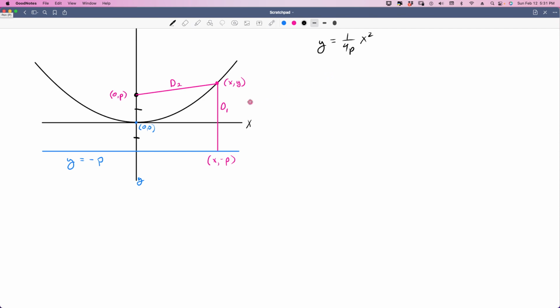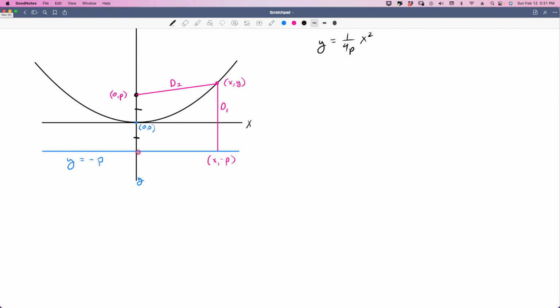So the vertical distance here, d1, from (x, y) on the parabola to the directrix y is equal to negative p, which I have here as the point (x, negative p), because it goes to the x point here and comes down to negative p, which is the directrix.